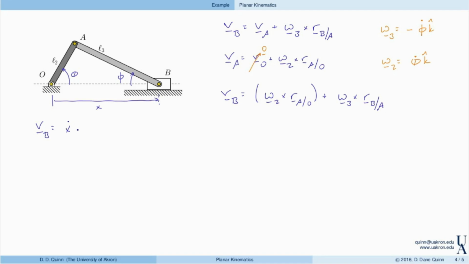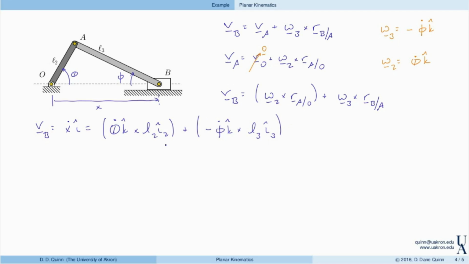is x dot in the I direction, and that's going to be this expression, which is theta dot k cross L2 I2. That was the position of A with respect to O, plus minus phi dot in the k direction cross L3 I3.